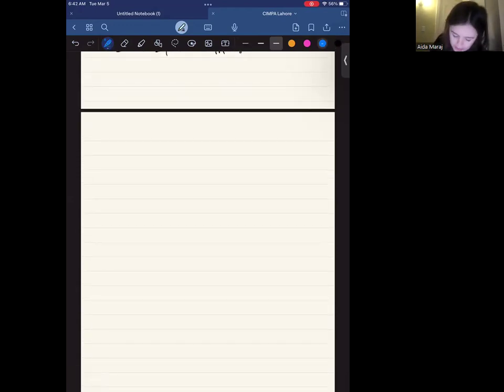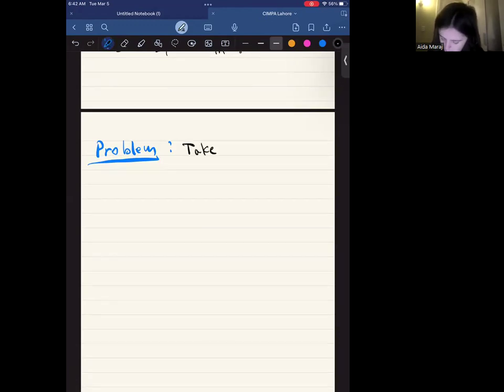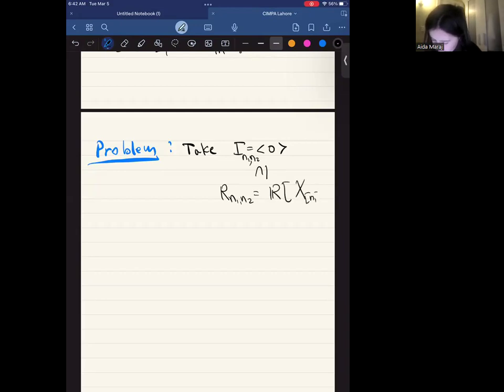So here is a problem. Take the ideal I to be just the 0 ideal, I'm going to call it I N1 and N2, the 0 ideal living in R N1 and N2, which is just R of X N1 times N2.